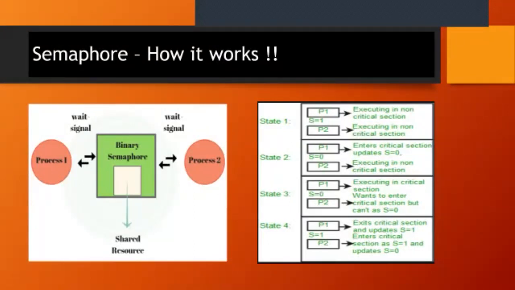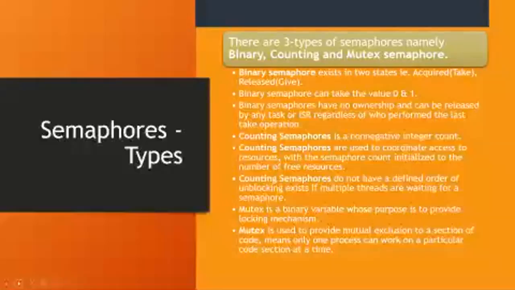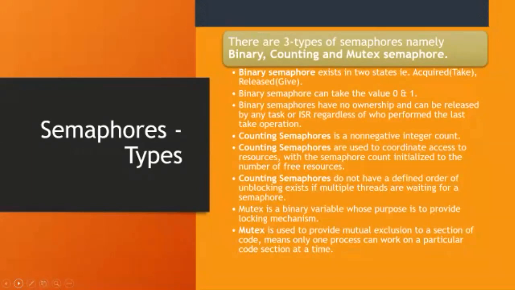Now semaphore, how it works, is shown in the diagram. I have already explained. There are S1, S2, S3, S4. Now we look into another one. These are semaphore types. What are the different types of semaphore? Binary, counting, mutex. Binary semaphores can take the value of 0 and 1.